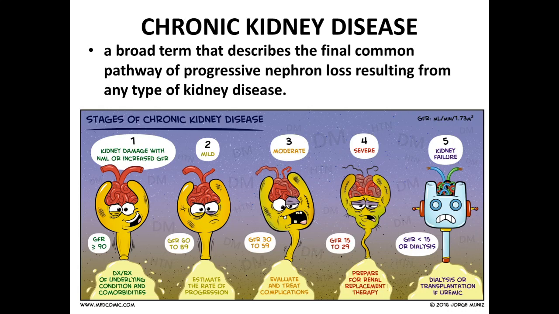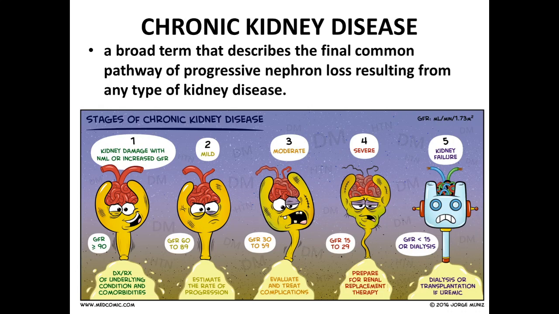The first stage of chronic kidney disease is kidney damage with a normal or increased glomerular filtration rate, which is 90 or more than 90. So we can find here underlying conditions and comorbidities.